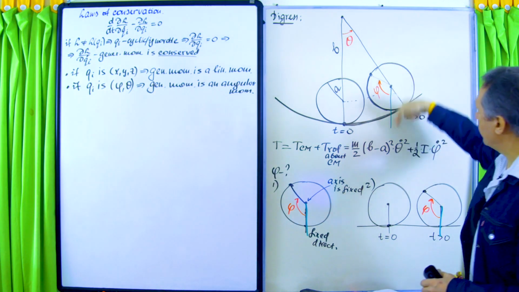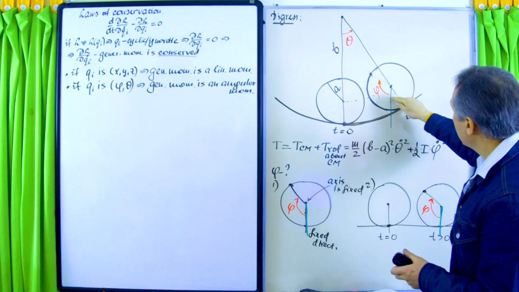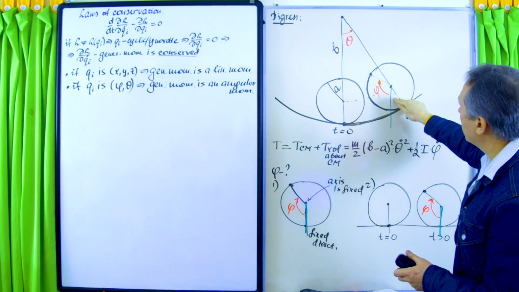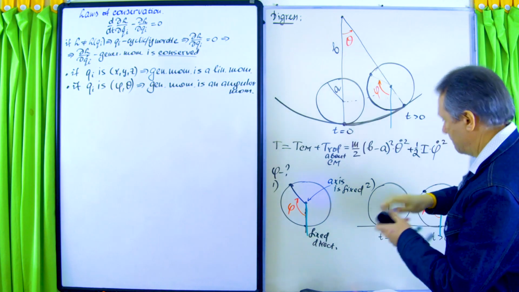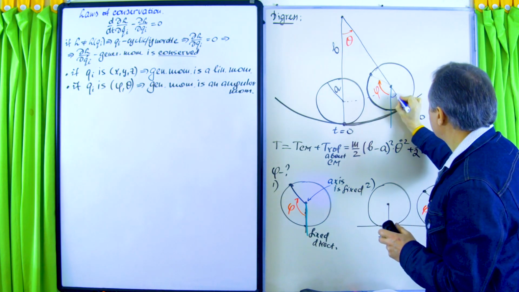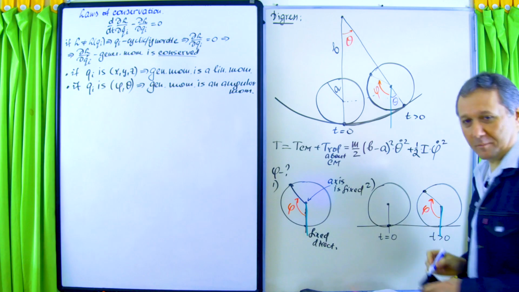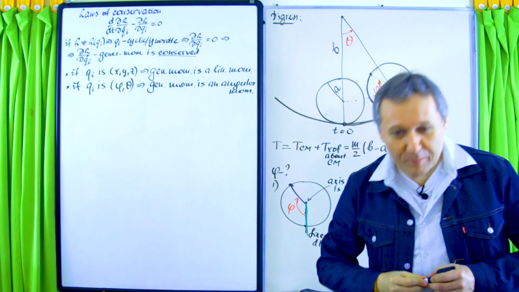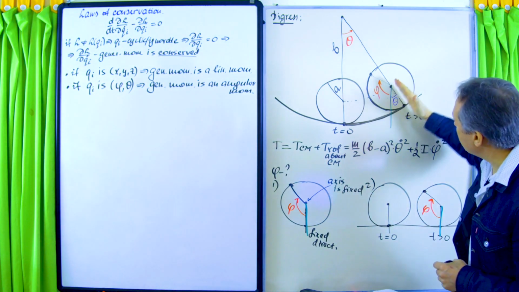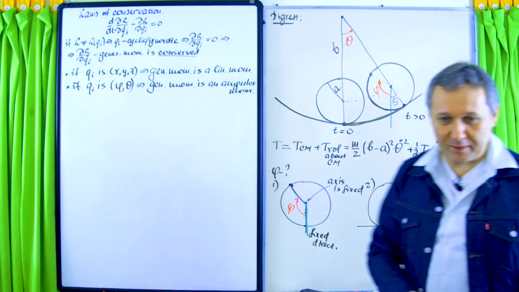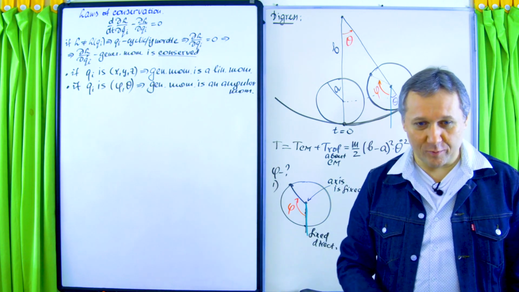But if we define angle phi this way, then what is this angle? It's angle theta, which describes how fast this direction is spinning, which we were talking about a few minutes ago.